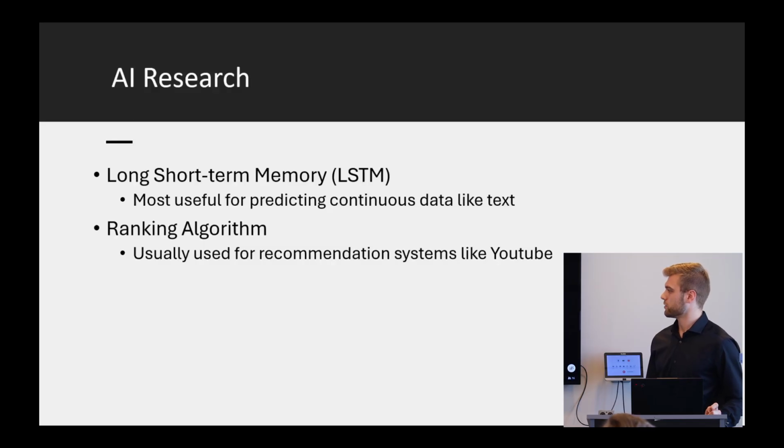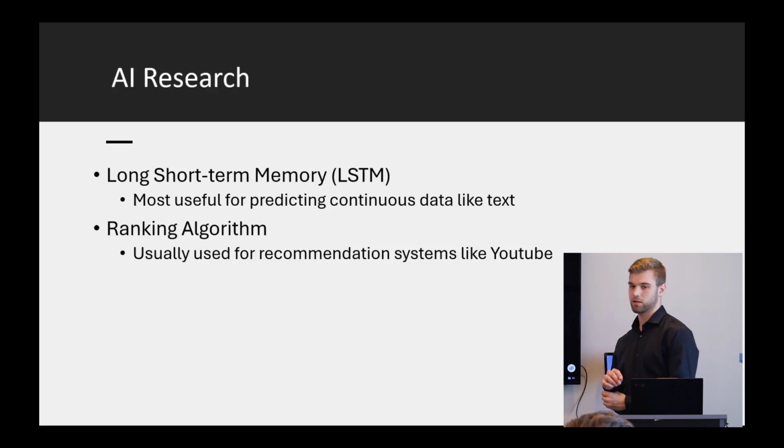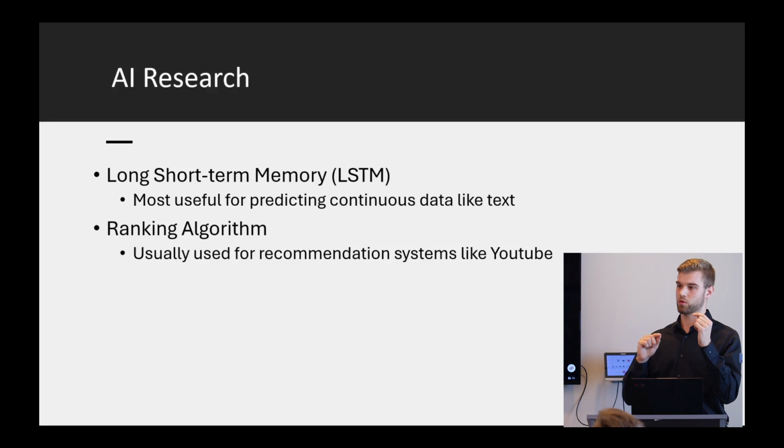And I also looked at ranking algorithms, which are usually used for recommendation systems like YouTube and Netflix, to recommend videos to their users. It's basically a mechanism that uses supervised learning to assign a score to each item in the list.